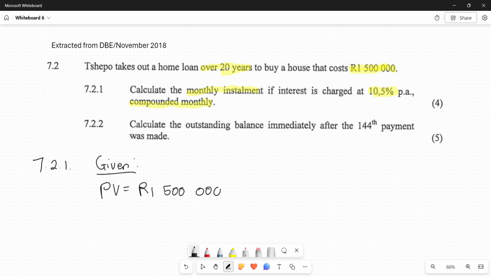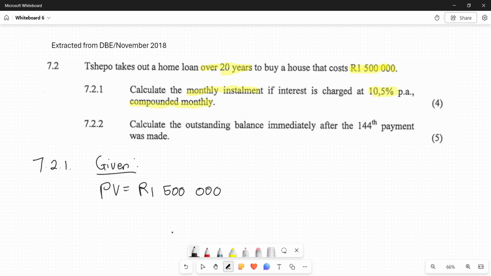The reason why I'm saying it is the present value is because Support takes out a loan, and he will be paying this loan of how much? Of 1,500,000. So that's why it is a present value.